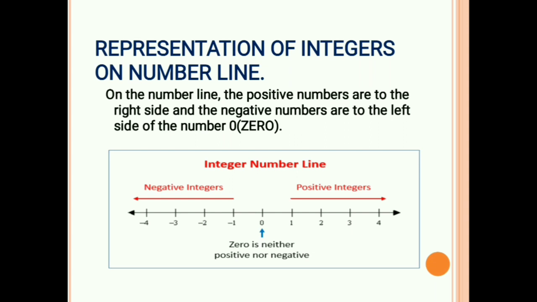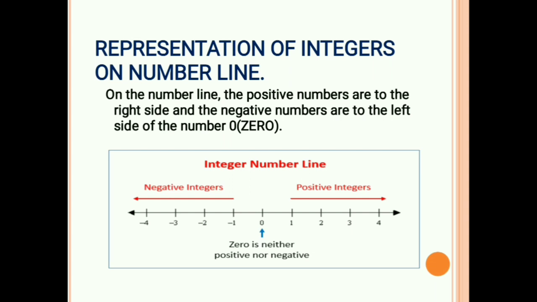And the other thing is, 0 is less than all positive integers, and 0 is greater than all negative integers.